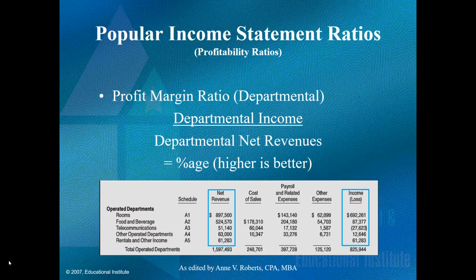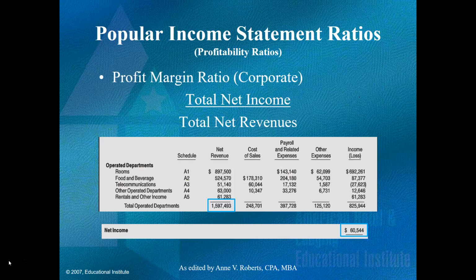Now, when we're looking at departmental ratios, it's simply the income or loss divided by the net revenue. But when we look at it on a corporate basis, now we've got to use a little more of that income statement than we did before.